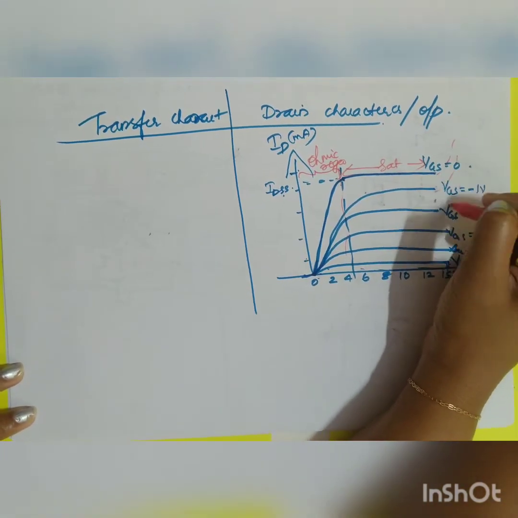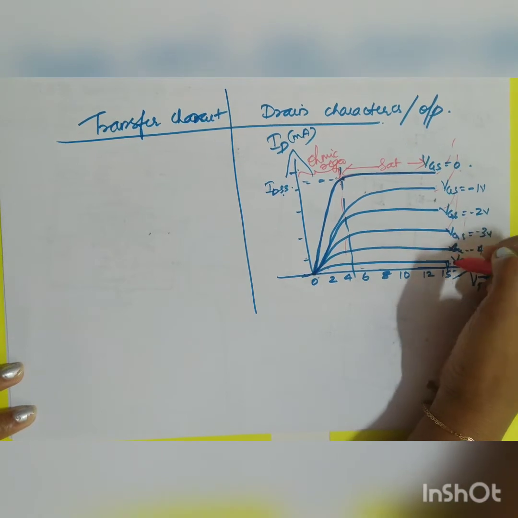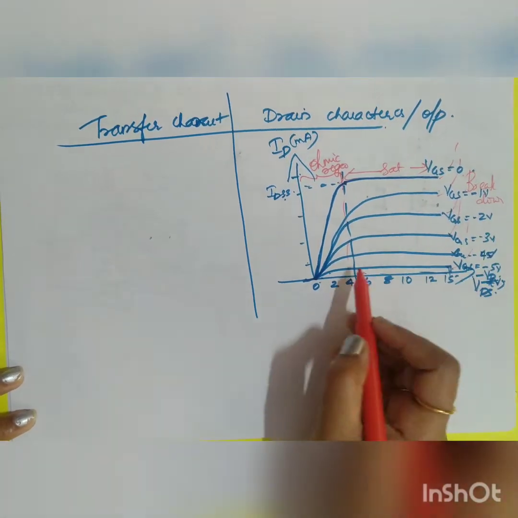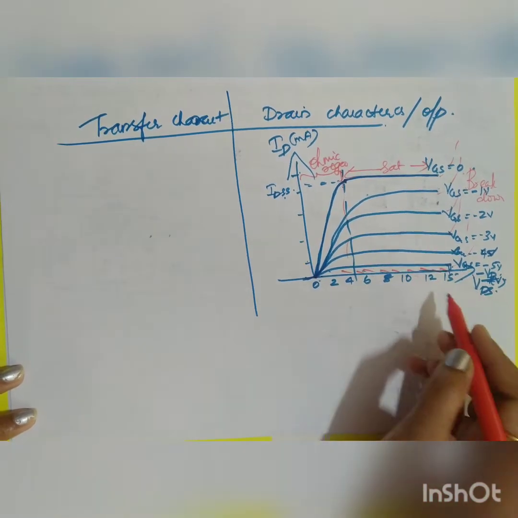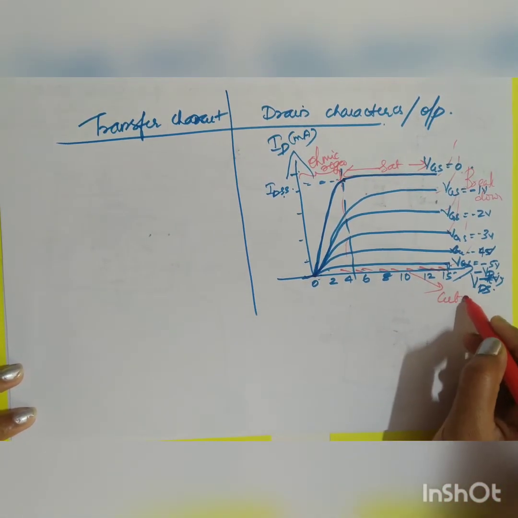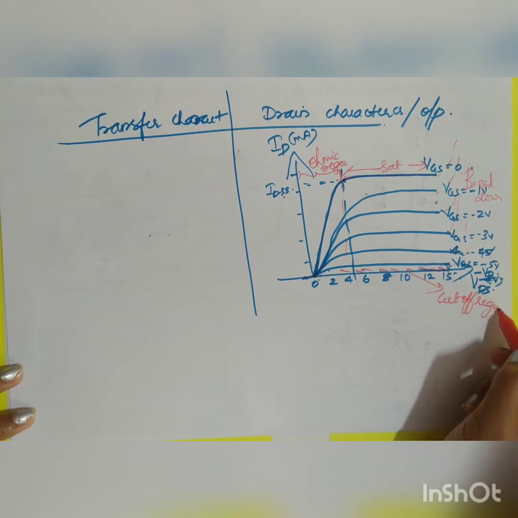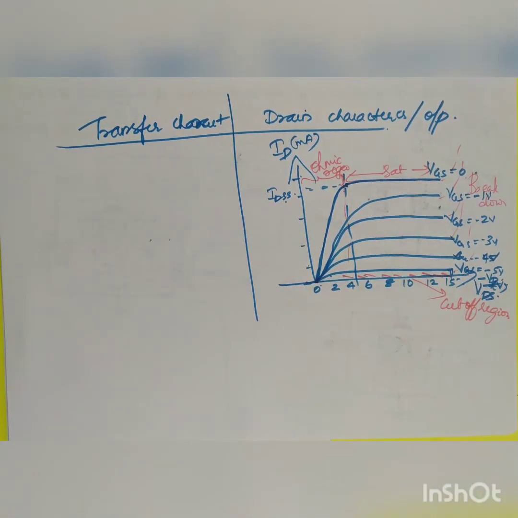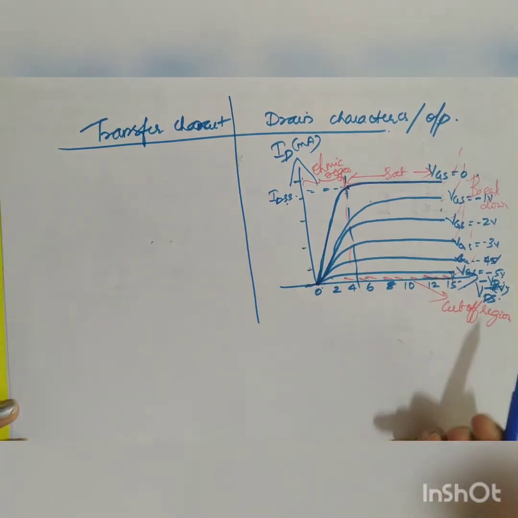After this point you will have a breakdown region where your current keeps on increasing. Where you don't have current, that is ID is equal to 0, is called the cutoff region. So it can also act as a switch using the saturation and cutoff regions. So this will be your drain characteristic.